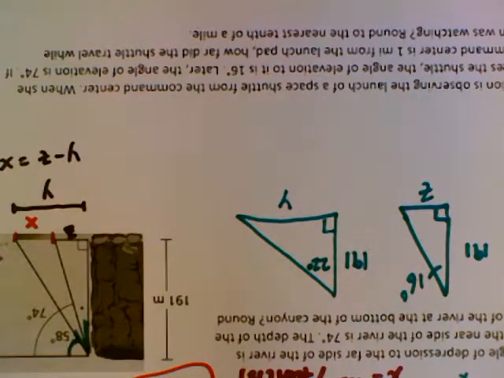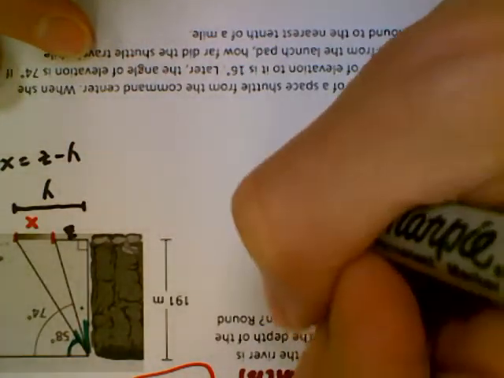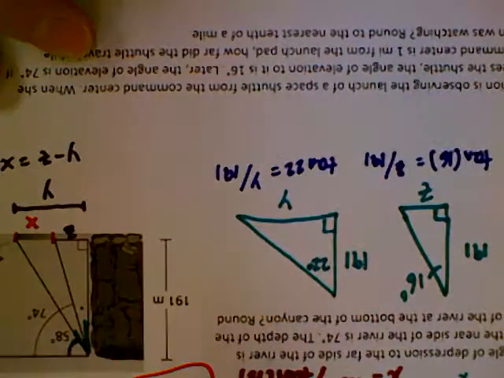Then I can set up a trig equation involving my two triangles here. Since I have this angle here and I need the opposite and the adjacent side, that's tangent. So the tan of 16 equals the opposite over the adjacent. That means the tan of 22 is going to equal the opposite over the adjacent.